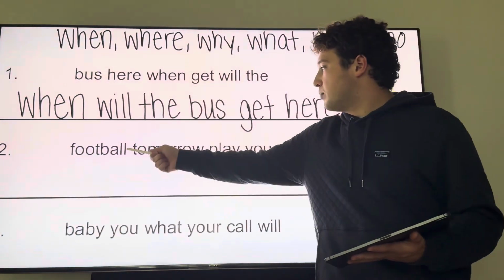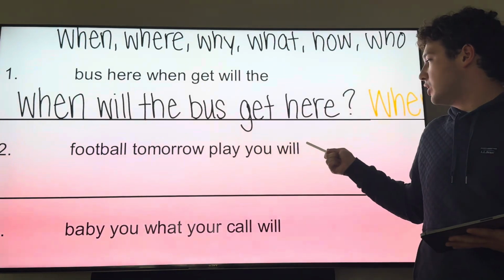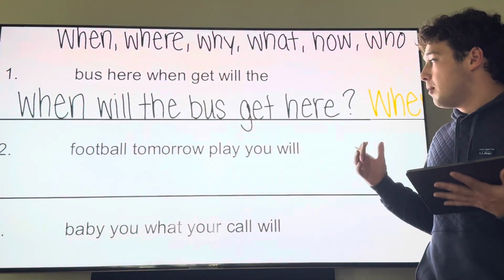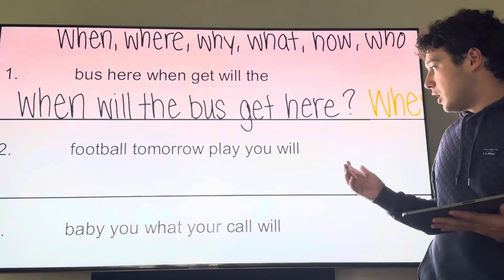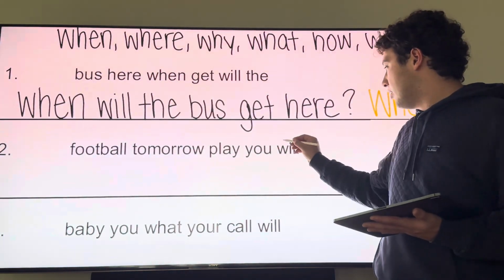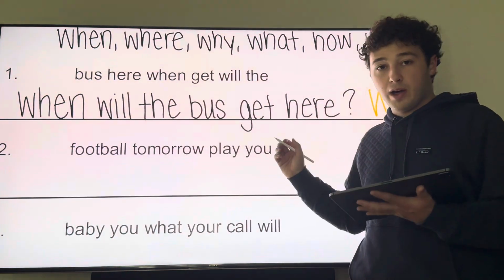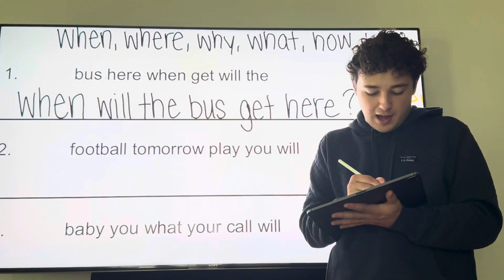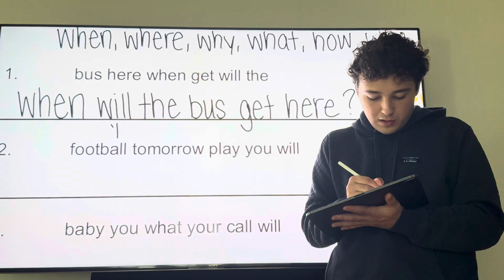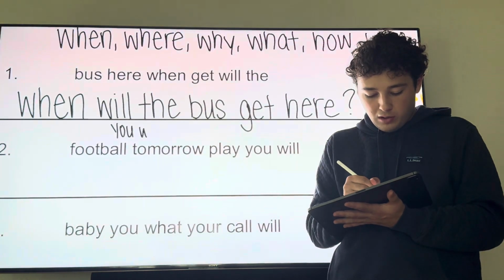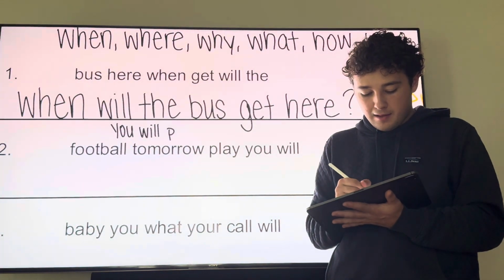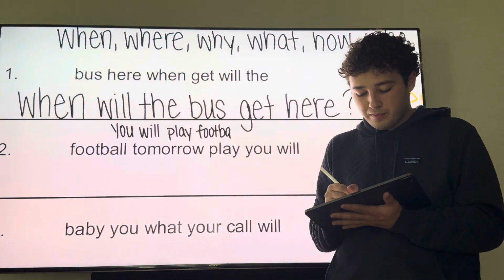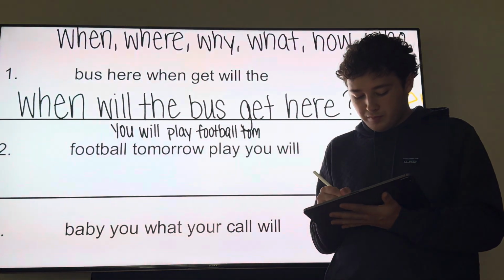Okay. Football, tomorrow, play, will, you. So you have to start with one of the question words, but there isn't any here. So you can start with this, will. So if this was a sentence, you would say, you will play football tomorrow.